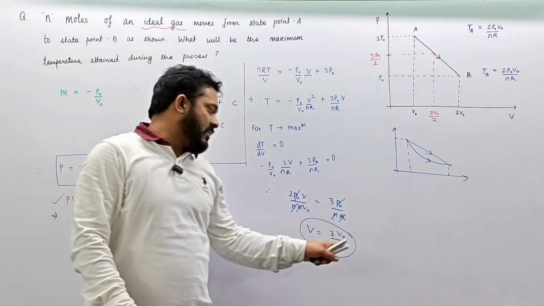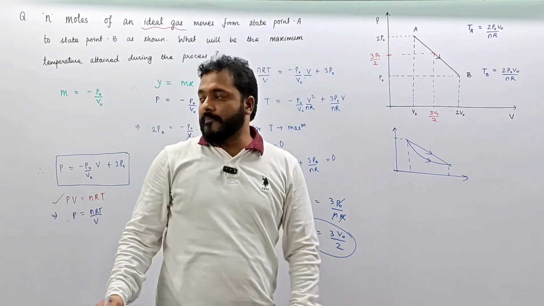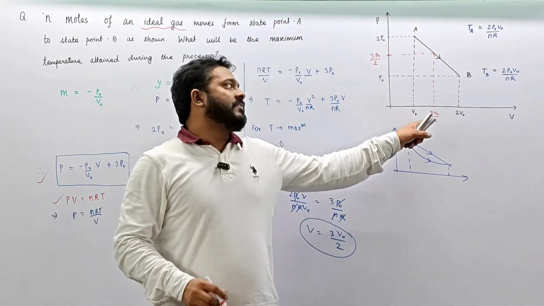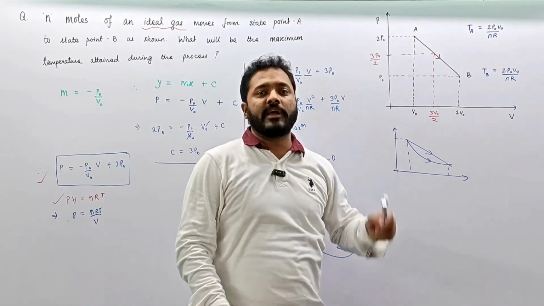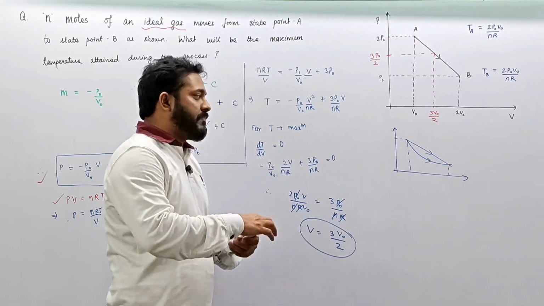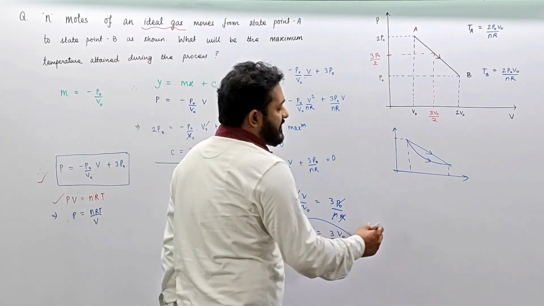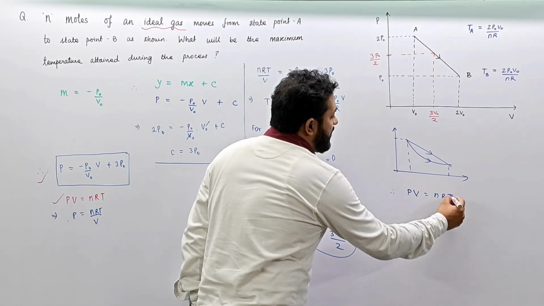But volume associated with 3 P naught by 2, we can calculate the pressure either by putting in this equation, or we can directly see from graph that if this value is 3 V naught by 2, it must also be 3 P naught by 2. Now if we solve for temperature using ideal gas equation, we will get the maximum temperature, that is from equation PV equal to nRT.